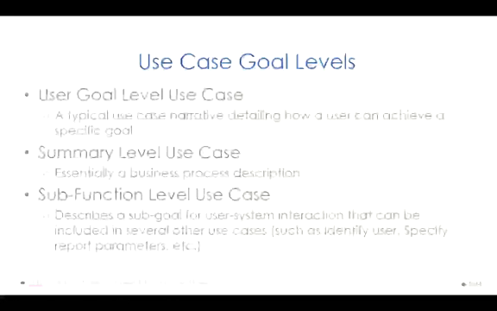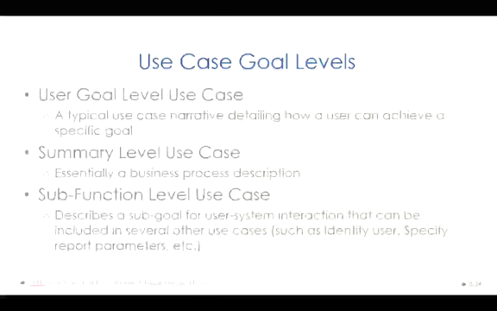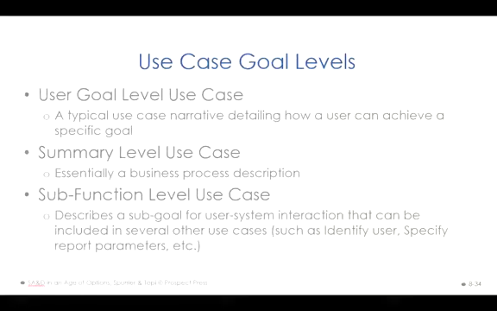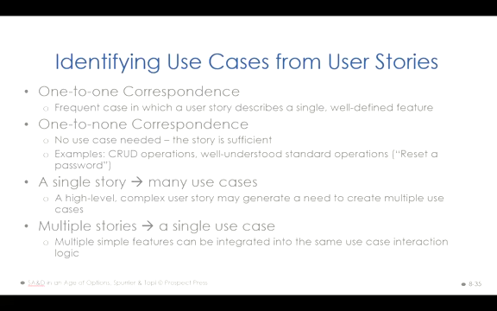You have the summary level use case provided to middle to higher level decision makers, and you have the sub-function level provided to a more technical step in the process. And then you decide on how to modularize them. It can be one story, one use case, or one story to many use cases, or several use cases merged together. It depends on the right size that you decide on, how detailed you want to provide in each level.